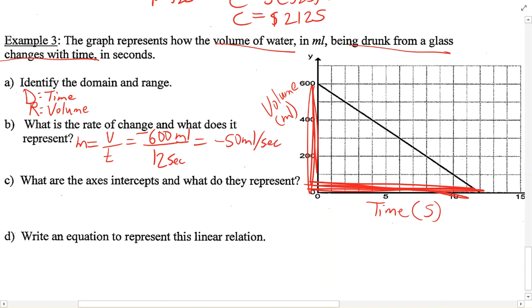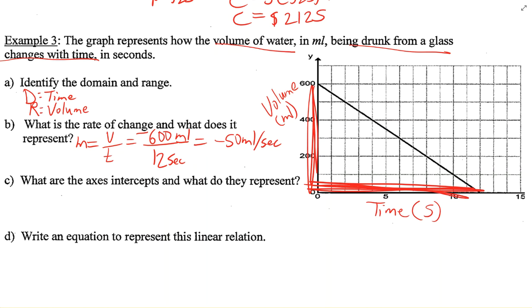What does that represent? Negative 50 milliliters per second. Right? So what does a negative sign mean? Volume's going down. Where is this volume going? Yeah, into the dude's mouth, right? Because he's drinking it. So you have to understand what's being graphed.